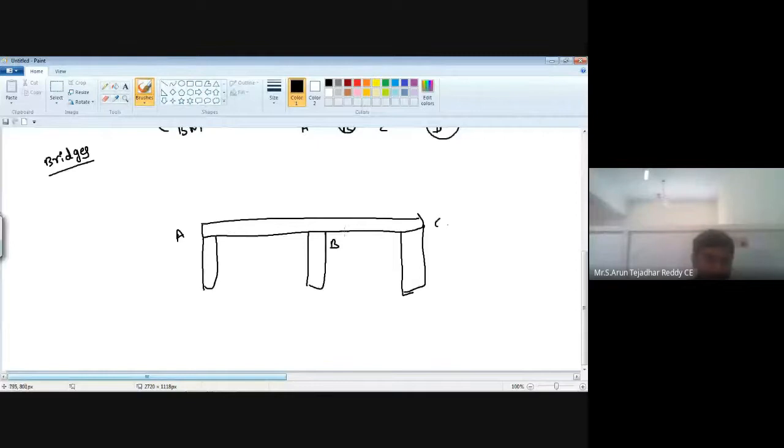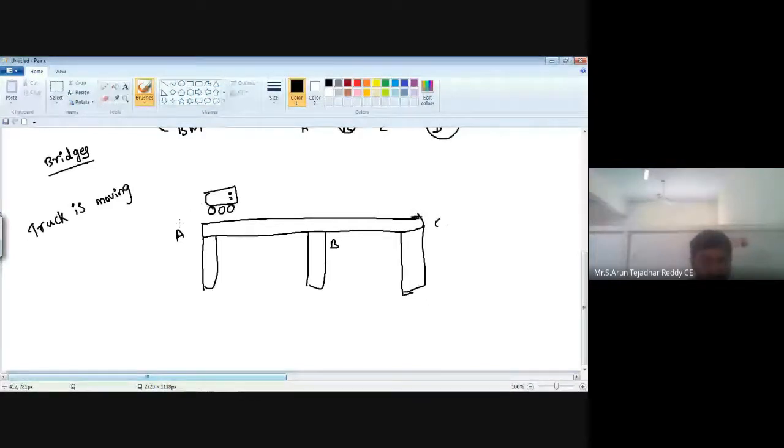On the bridge, one truck is moving. Imagine this is one truck. What is our initial point and what is our maximum point?